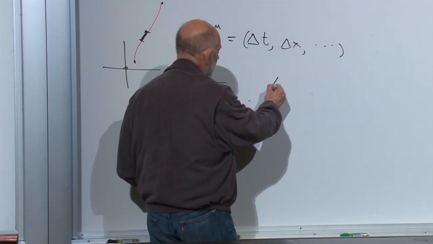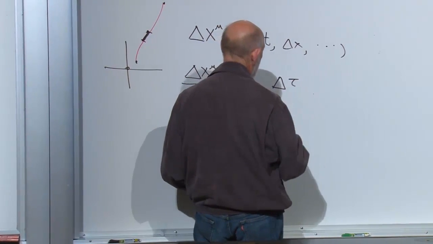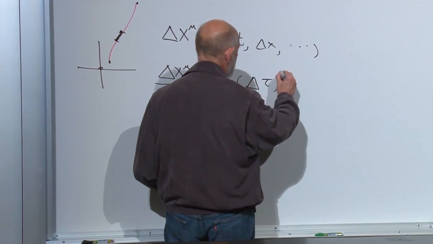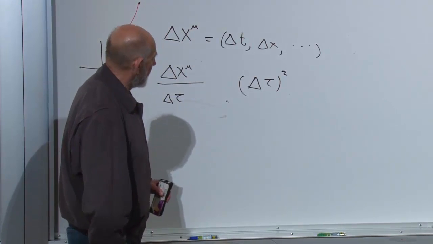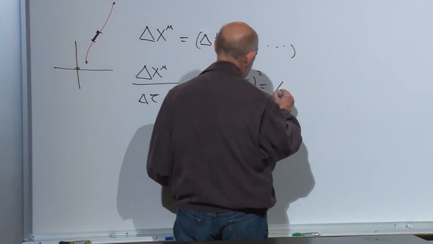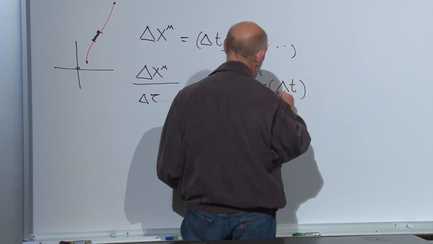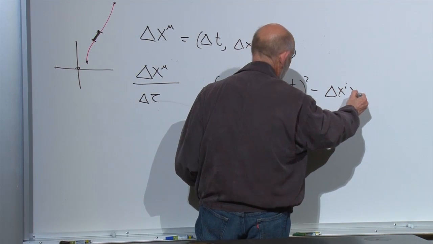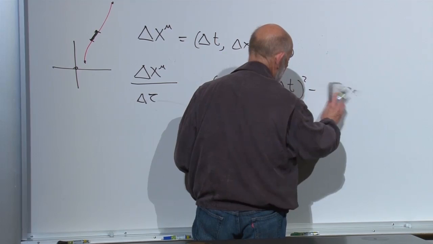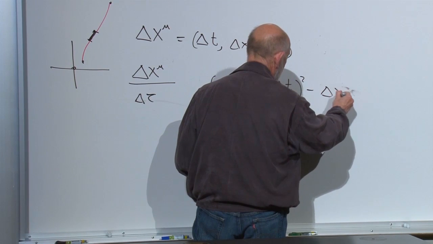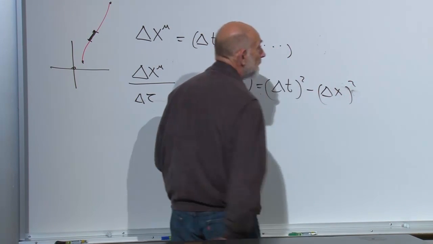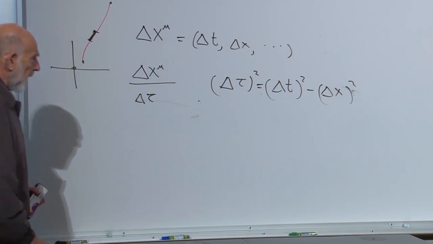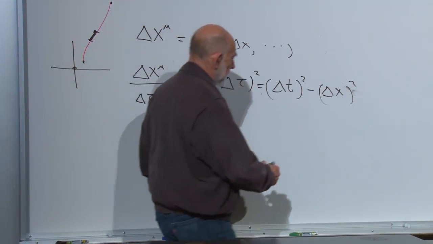Delta tau is defined so that its square is equal to delta t squared minus delta x squared, delta y squared, and delta z squared.